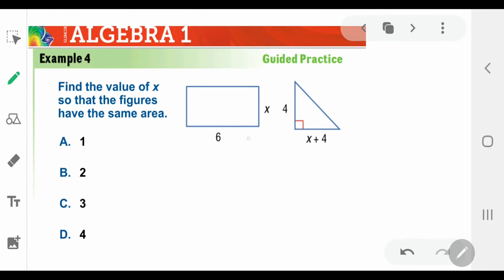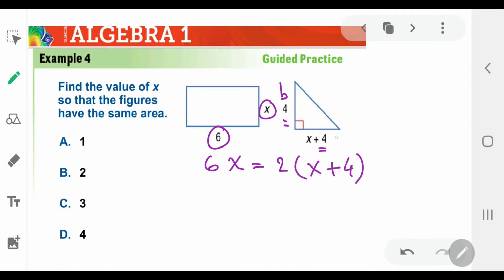The area here is the length times the width, so the area of the rectangle is 6x, while the area of the triangle is half the base times the height, half the 4 is 2 times the height, x plus 4. Again, I'm repeating, in a right angle triangle, any of the two legs can be the base and the other can be the height. It doesn't make any difference.